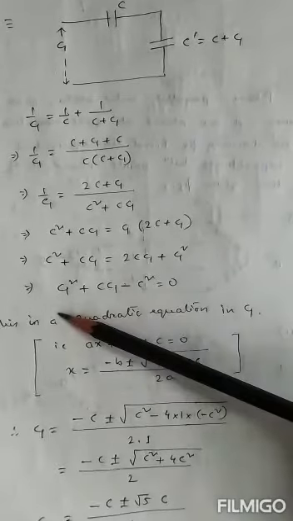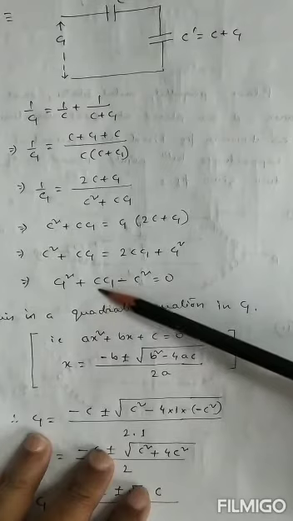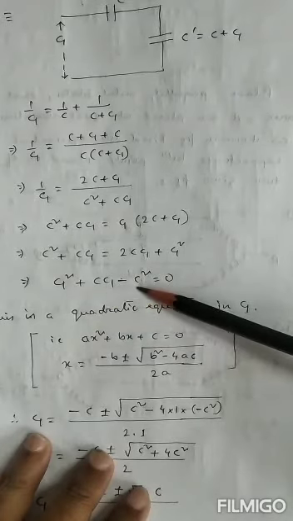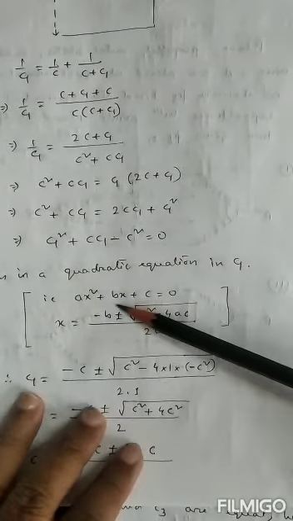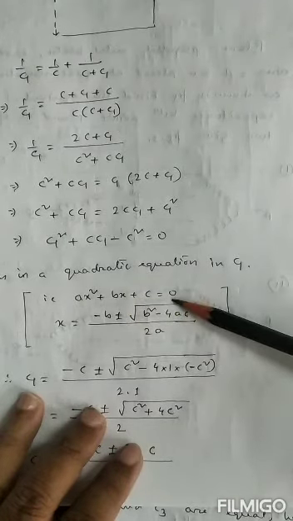So, ultimately, I get a quadratic equation in C1: C1 square plus C C1 minus C square. Can you remember the quadratic equation? ax square plus bx plus c is 0.